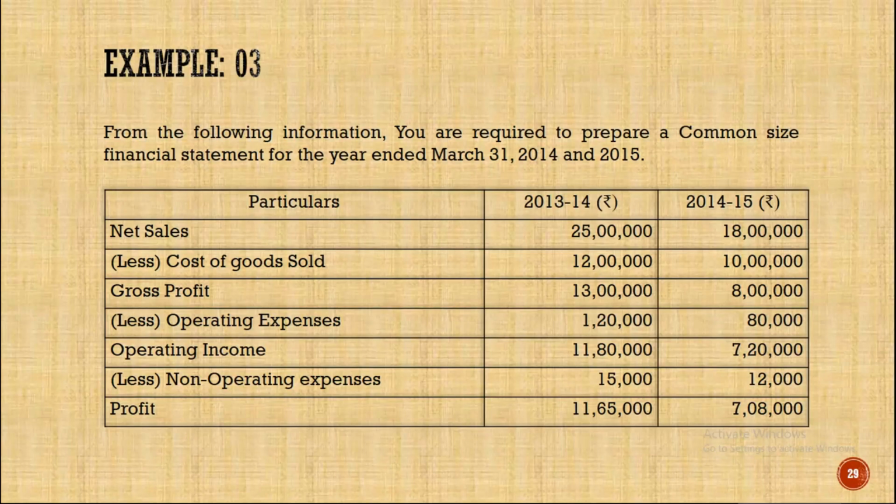It starts from net sales, deducted cost of goods sold, then arrived at gross profit. From gross profit, operating expenses deducted and received operating income, less non-operating expenses, and finally profit. The amount is mentioned in rupees.